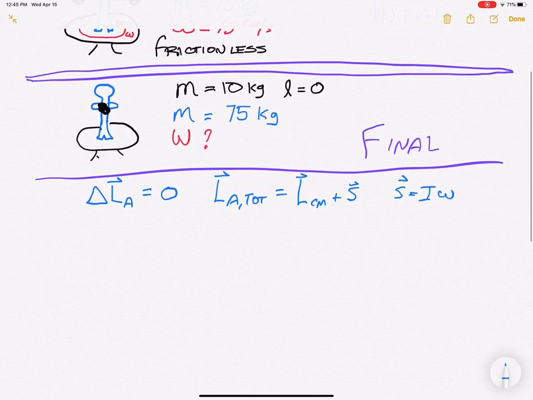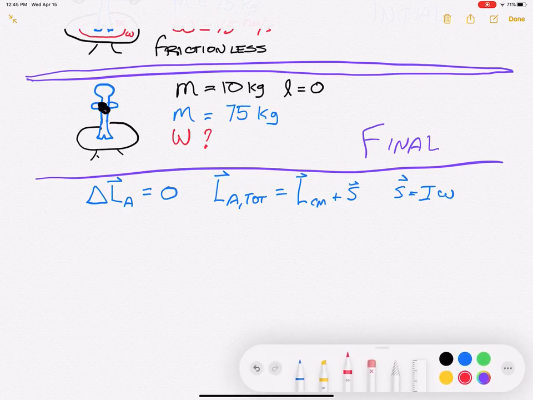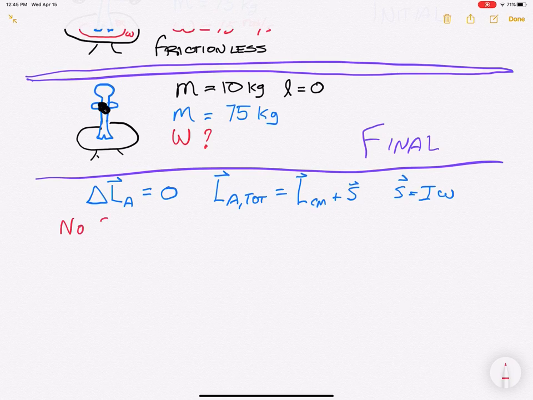Since we're working in a frictionless regime, which means no external torques, we can set the initial equal to the final.